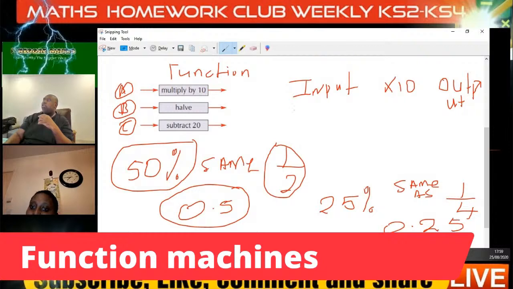So you've got percentage, fractions, and decimal. That's something extra. Anything else you want to recap before we end the lesson?